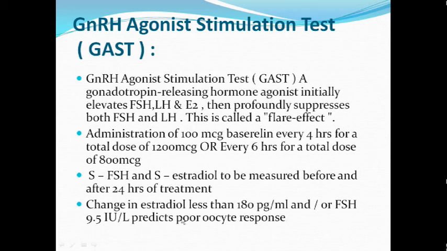A change in the estradiol level of less than 180 picogram per ml or FSH of 9.5 international units predicts poor oocyte response. So this is another dynamic test to assess the ovarian reserve.